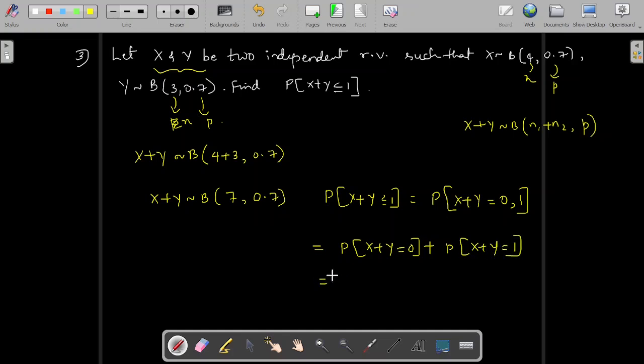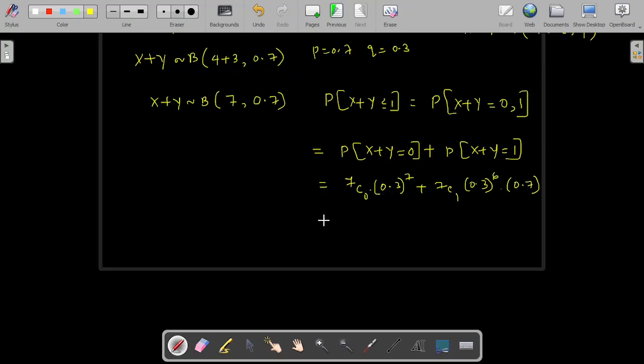So x plus y equal to 0 means 7C0, p is 0.7, so q is 1 minus 0.7, 0.3, so 0.3 to the power 7, then plus 7C1, 0.3 to the power 7 minus 1, 6, into 0.7. You have to simplify this. Here 7C0 is 1, so 0.3 to the power 7 plus 7C1 is 7 into 0.3 to the power 6 into 0.7.